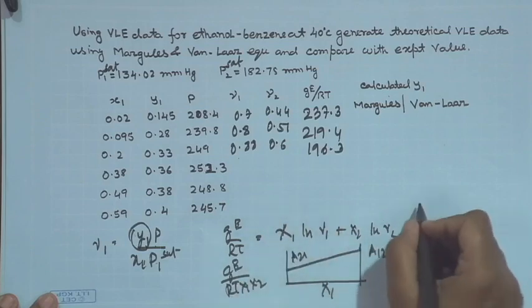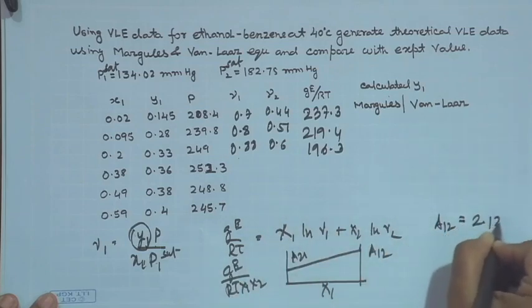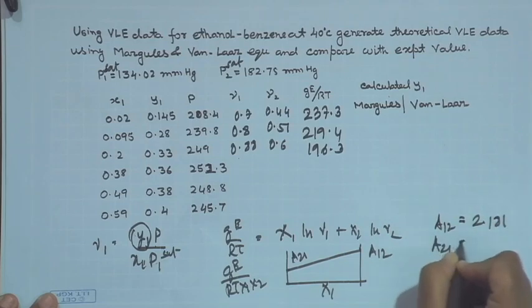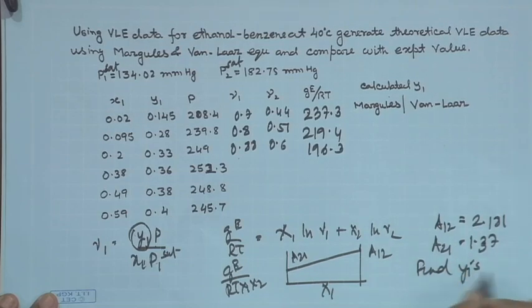This is the way you are supposed to work in this case. Just to check, you will be finding A12 as 2.181 and A21 as 1.37. Once you know them, you find the y1s and proceed.